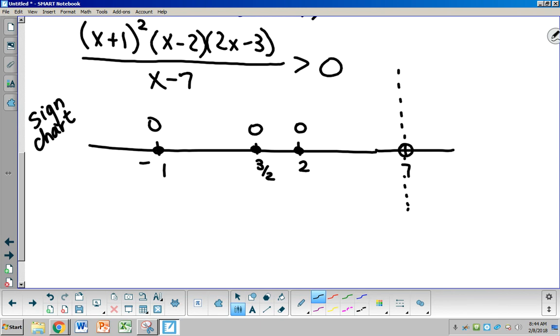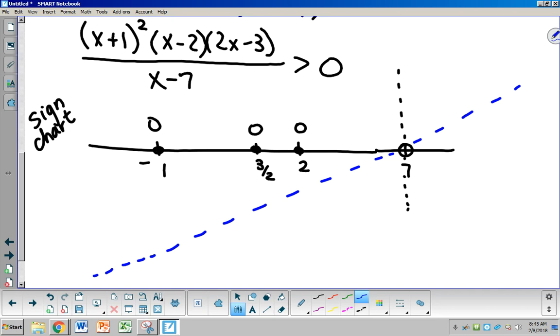It's a line with what kind of slope? Now, the numerator, what degree was that? It was a quartic, and it opens up because the leading coefficient is positive, and it bounces where?